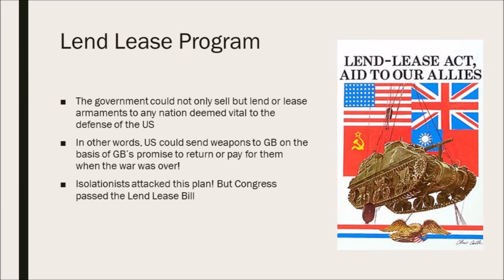Now, who determines what is vital to the defense of the United States? Well, the president and Congress and whatever. Okay, so that's kind of circular logic. If we want to lend or lease something to a country, all we have to do is say, well, it's vital to the defense of the United States.